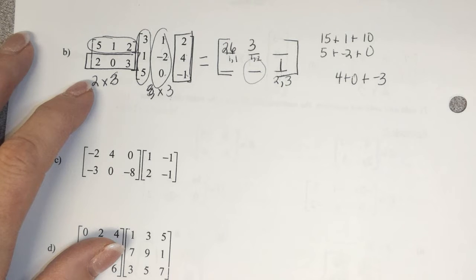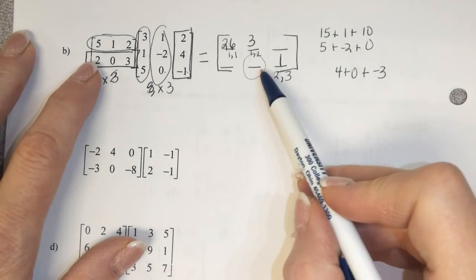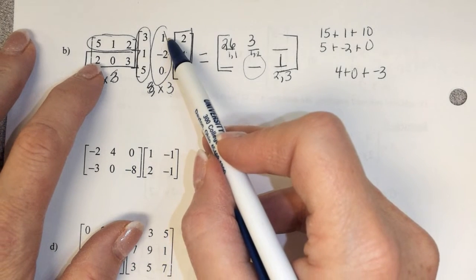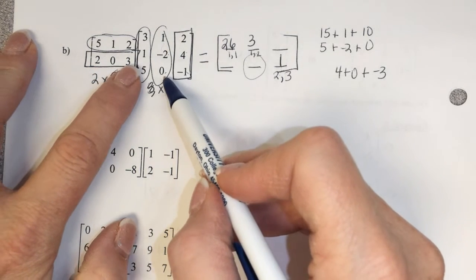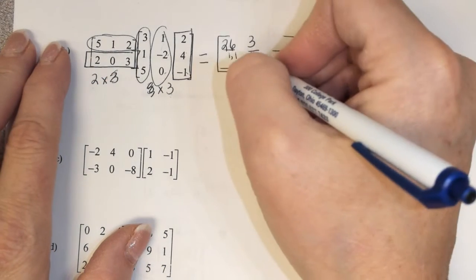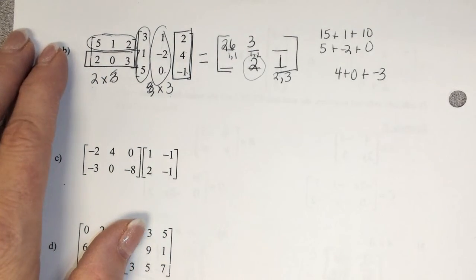Ethan, what'd you get? 5. I don't think so. This is in the second row and the second column. So you match it up. It's going to be 2 plus 0 plus 0. Did you accidentally do 3 on the last one? Okay, so it's 2.